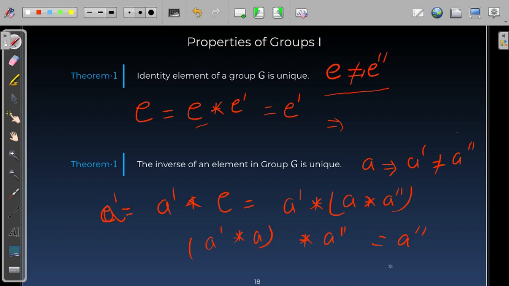So A dash is equal to A double dash, which is again a contradiction of the assumption. So the inverse of a group element is also going to be unique.